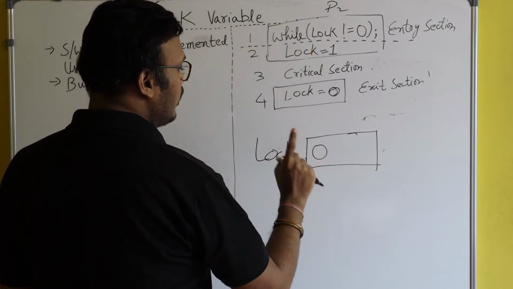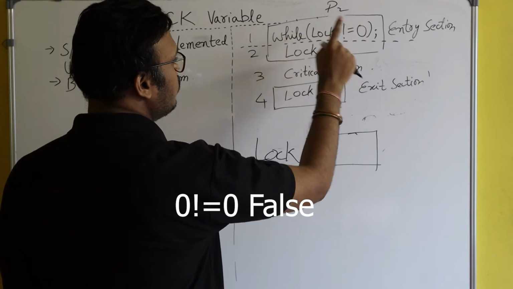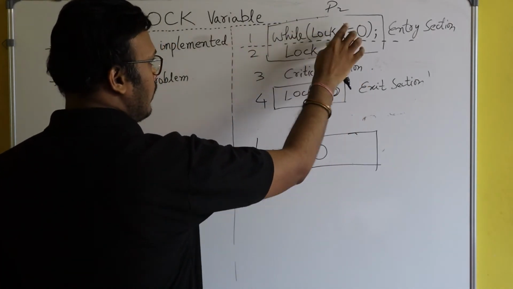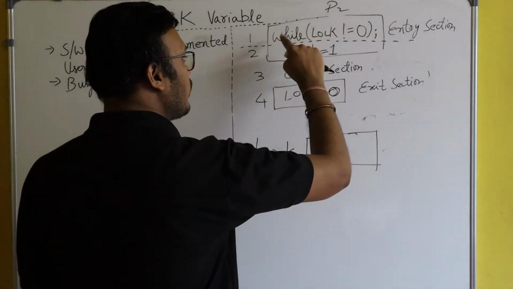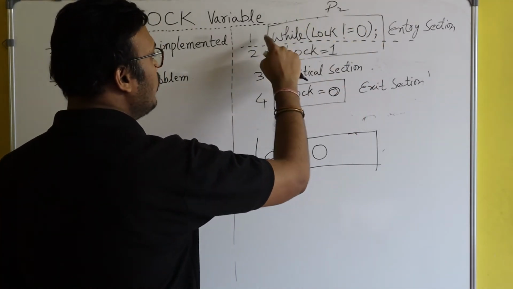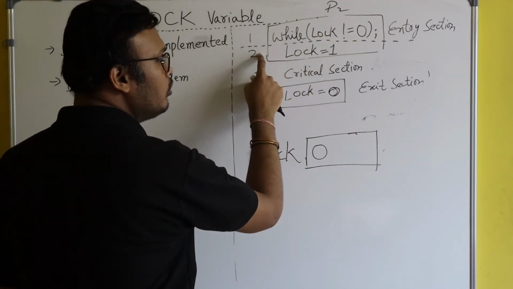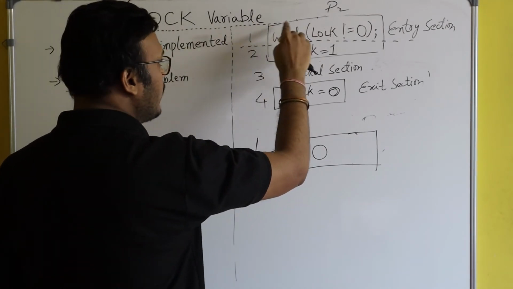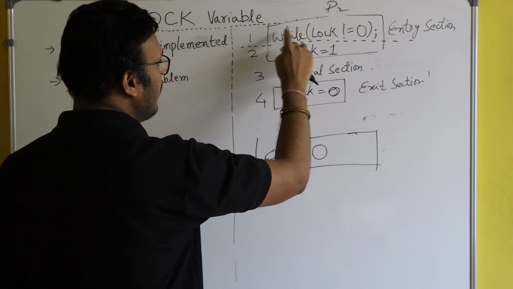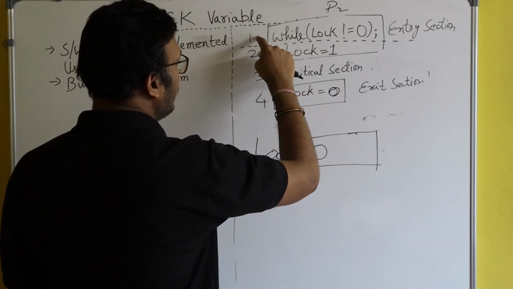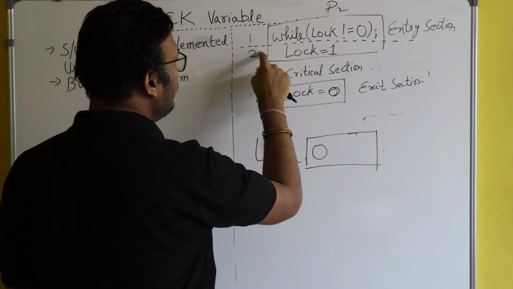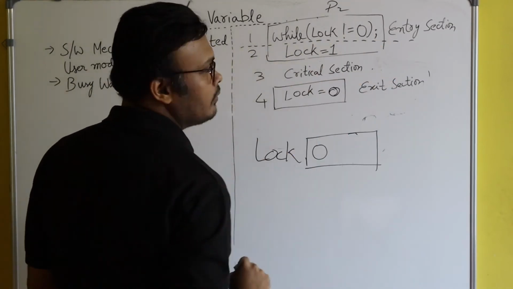The lock value was 0, 0 not equal to 0 is false, so this while loop will be broken. After breaking the while loop, P1 will come to line number 2. But after executing line number 1, before P1 could enter line number 2, the preemption will happen.